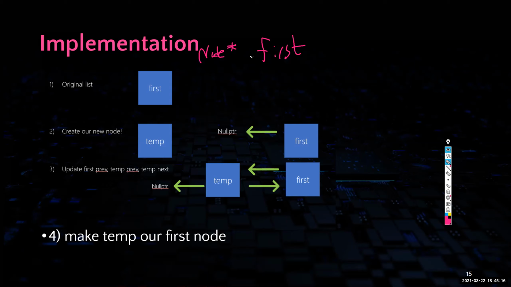When I say node first, that's just referring to the first node in our list. It's not allocated on the heap. It's just a reference. So whenever I change first to go to temp, that's just a reference. I'm just saying first is going to be our first node in the list, and that's going to be defined by temp. So I'm not actually copying anything over. I'm just saying the value of first is going to be the address of temp.